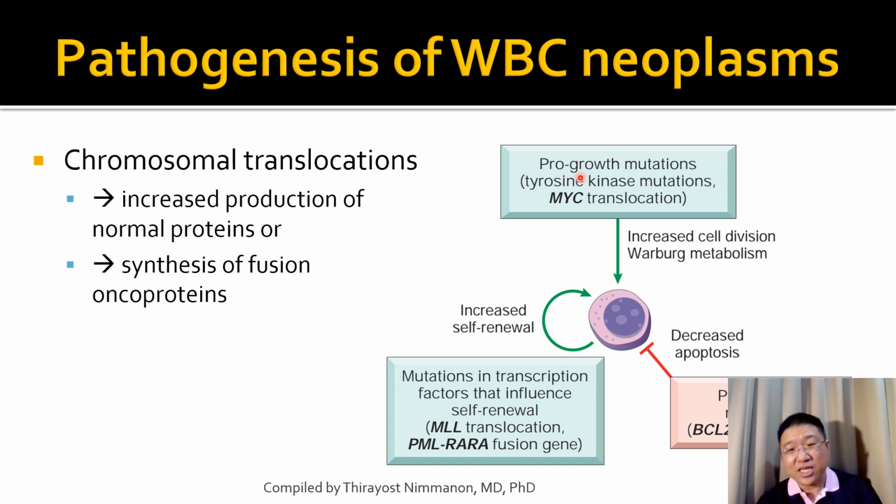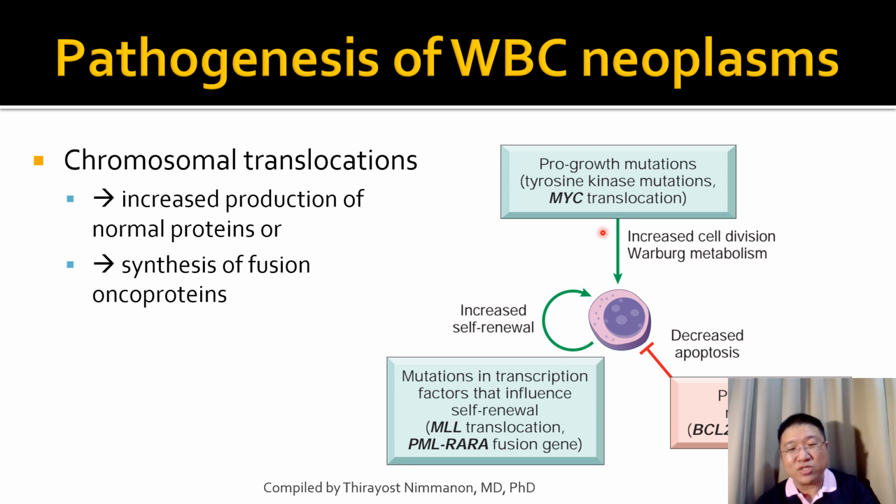The result is increased production of MYC, which is a nuclear transcription factor. So the cells will proliferate a lot. There is so much increased cell division. So we will see that Burkitt lymphoma is very aggressive. The tumor cells proliferate a lot all the time.